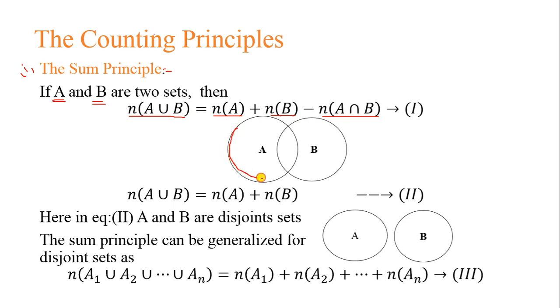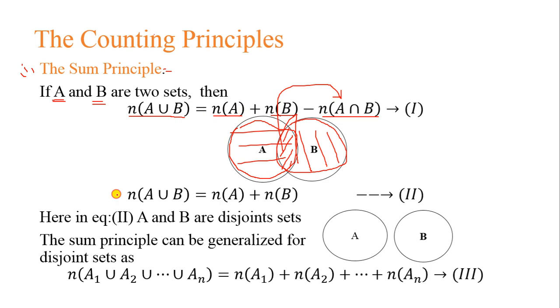So this is number of elements in A and number of elements in B. When we add both sets A and B, this intersection portion is added 2 times. So we will just subtract it once and we will get the sum principle for any two sets.